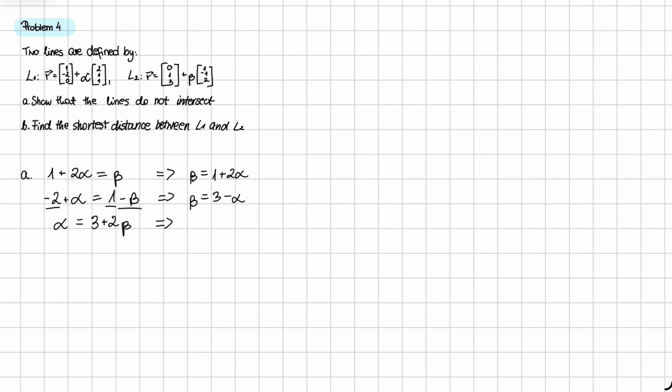And the third equation is 2 beta equals 3 minus alpha. As we can observe from the second and third equation, the right hand side is the same, however the left hand side is not the same. It means that if at least two equations are different, like in our task, the lines do not intersect.